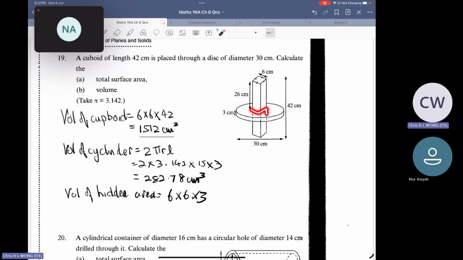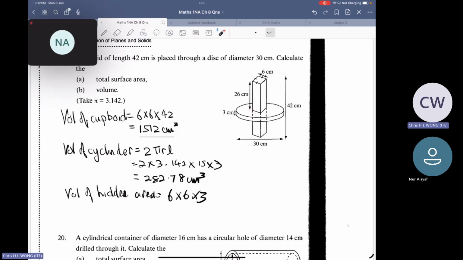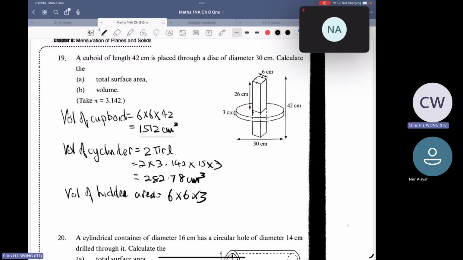The hidden area is actually inside here. 6 times 6 is 36, 36 times 3 is 108 cm cube. Underline. Total volume.